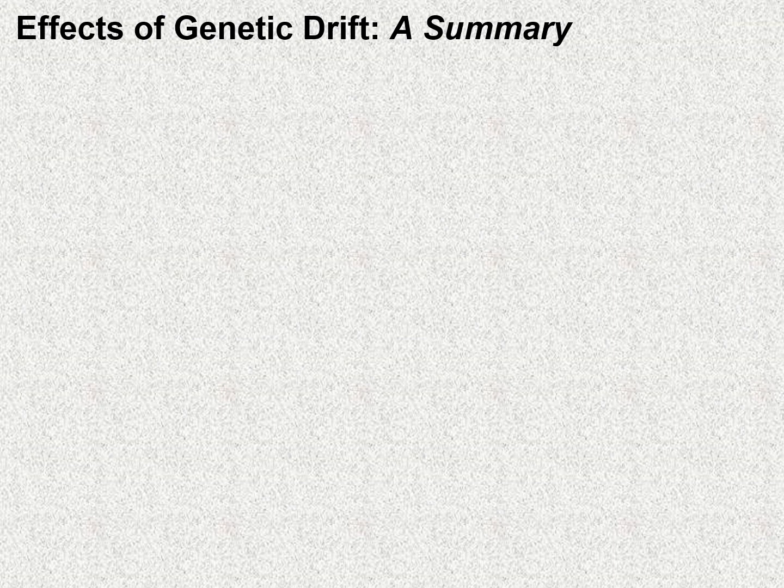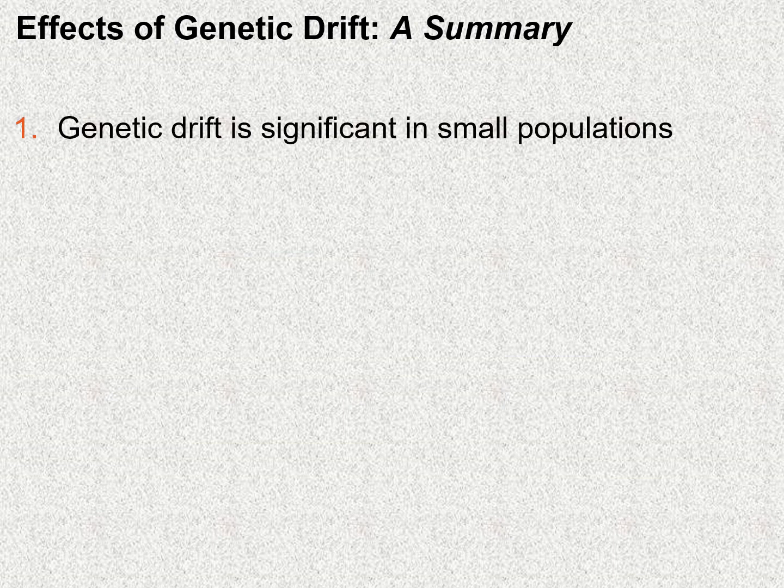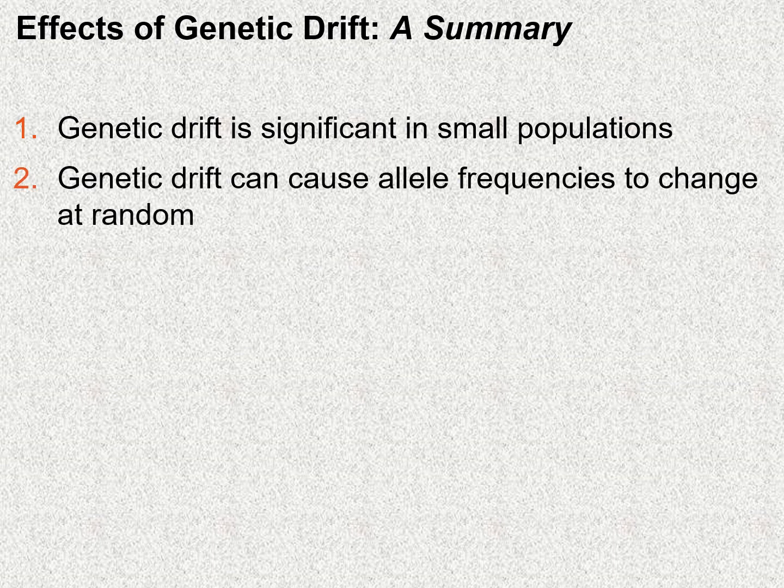So let's look at the effects of genetic drift as a whole before we move on to the rest of the stuff. Genetic drift is, again, significant in small populations. It's very important. Remember, the founder effect and the bottleneck effect result in small populations becoming isolated. Genetic drift can cause allele frequency changes at random.